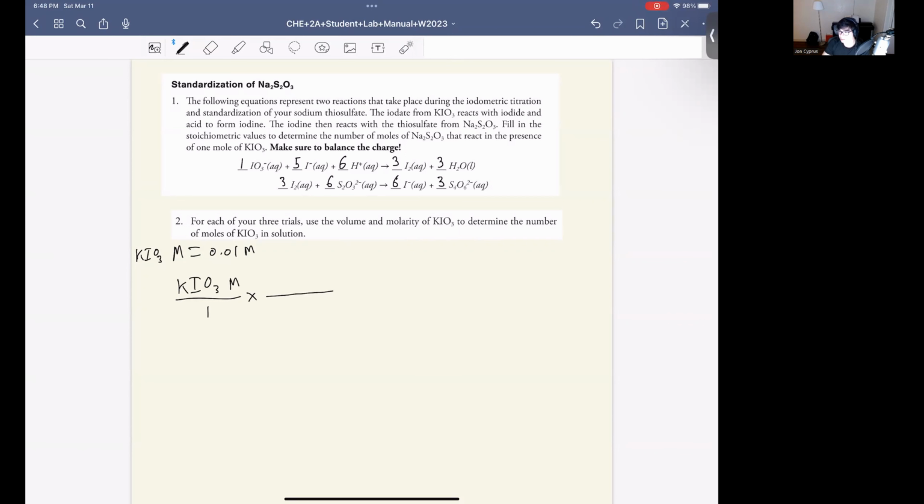How do you convert this into moles? You convert it by the volume that you use from your titration. So this is going to be times the volume used or dispensed.